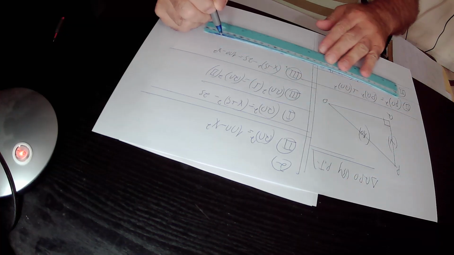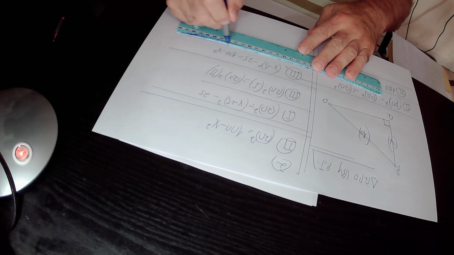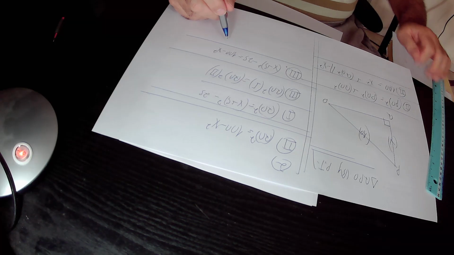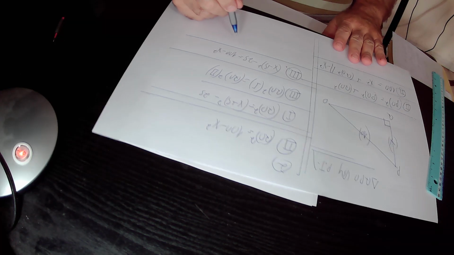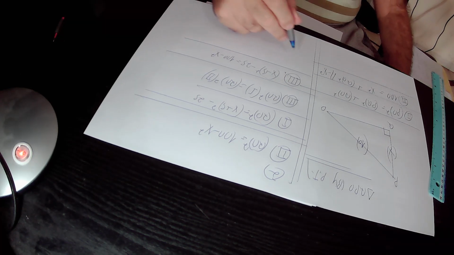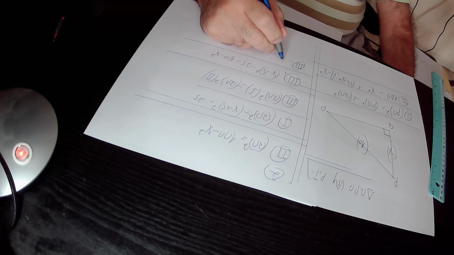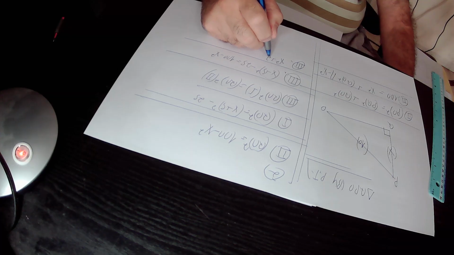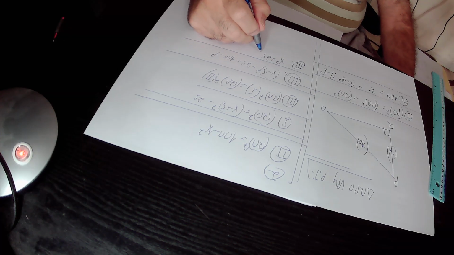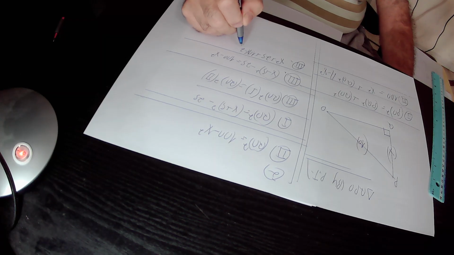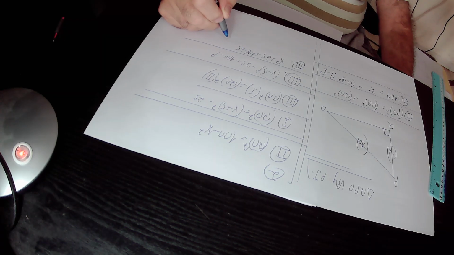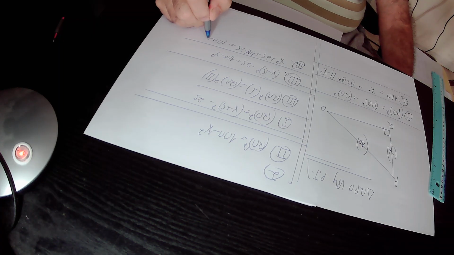So in total, according to equation 3, we actually found out that x plus 5 squared minus 25 equals 100 minus x squared. Here we will open the brackets of this expression, and we get that x plus 5 squared equals x squared plus 5 squared, that is 25, plus 2 times x times 5, that is 10x, minus 25, and it is equal to 100 minus x squared.